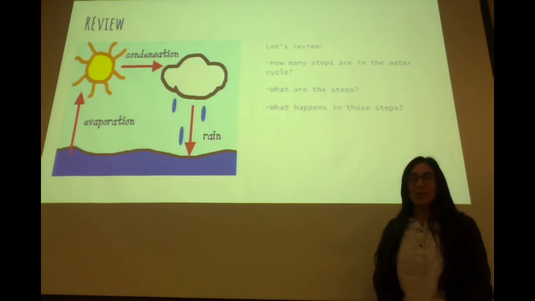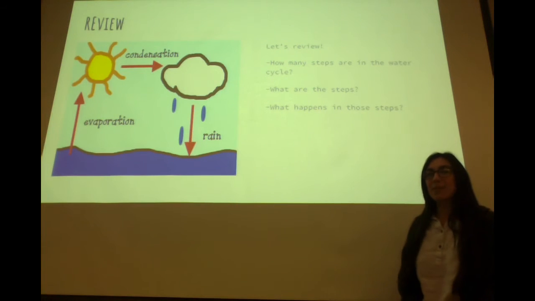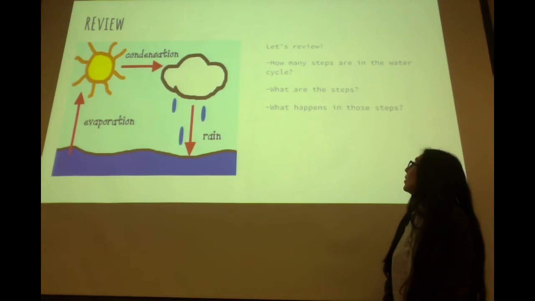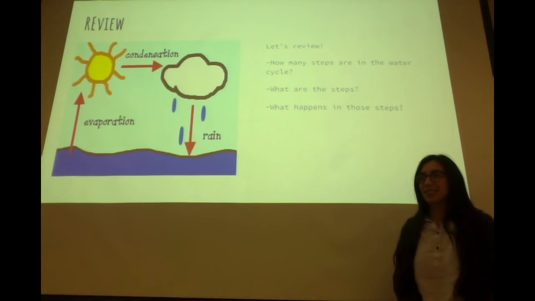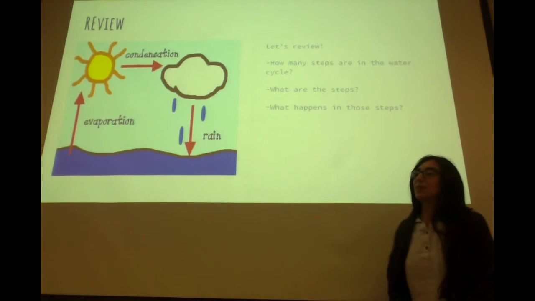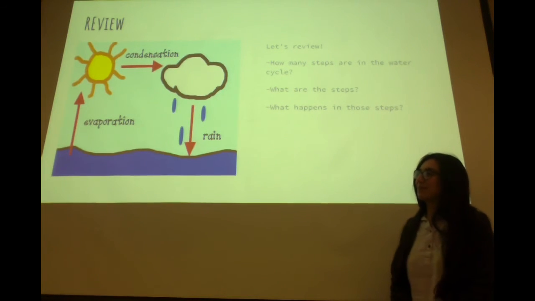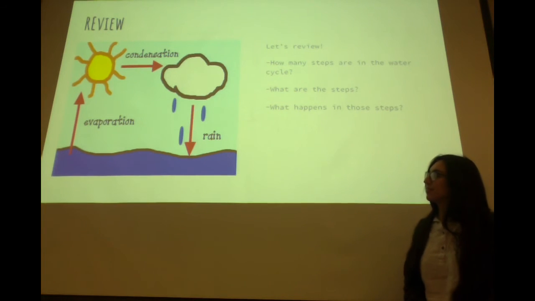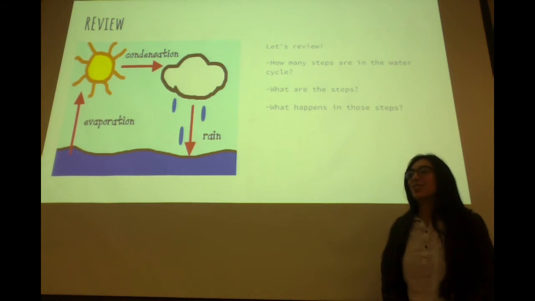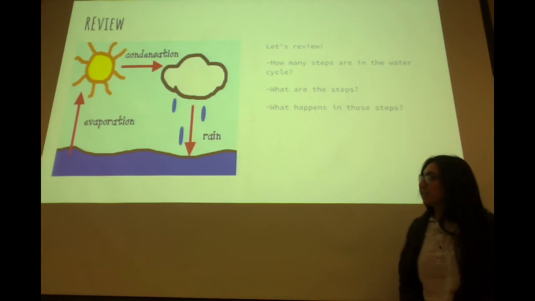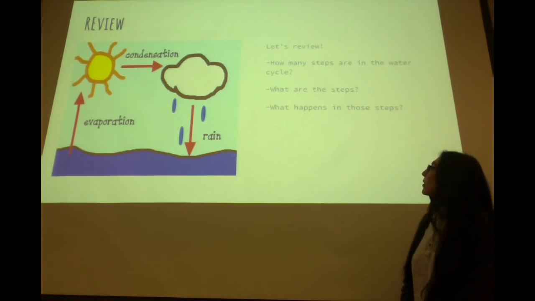There are 3 steps in the water cycle. Can somebody tell me what the steps are? Yeah, go ahead. Evaporation, condensation, and precipitation. Great job. You're right. The 3 steps that we learned today are evaporation, condensation, and precipitation.